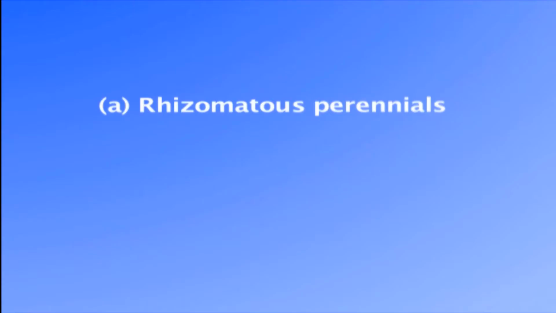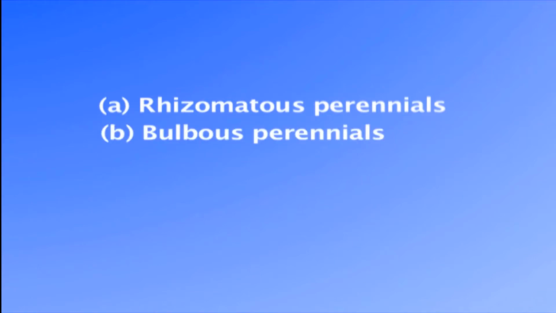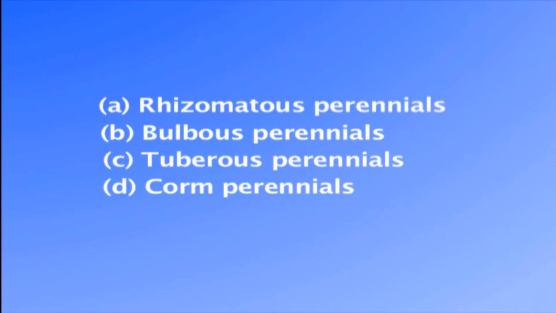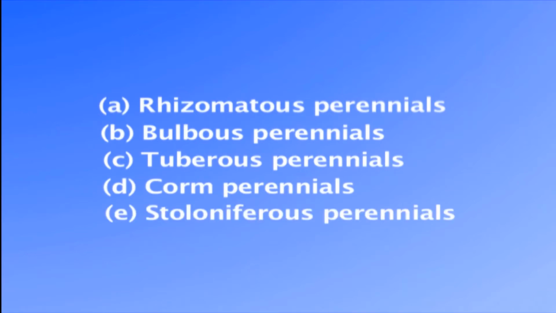Based on the nature of underground perennating structures, the herbaceous perennials are of many types like rhizomatous perennials, bulbous perennials, tuberous perennials, corm perennials and stoloniferous perennials.